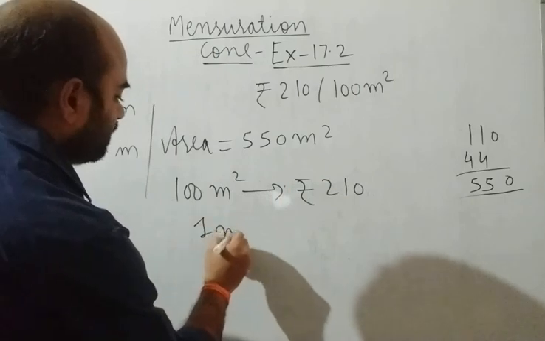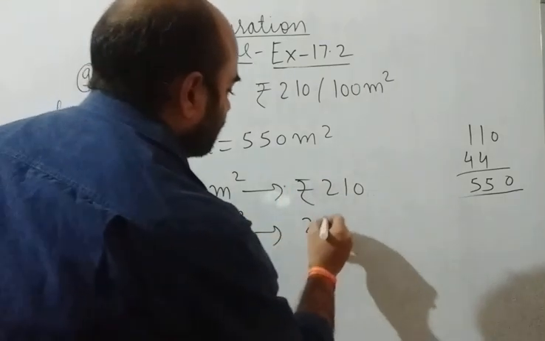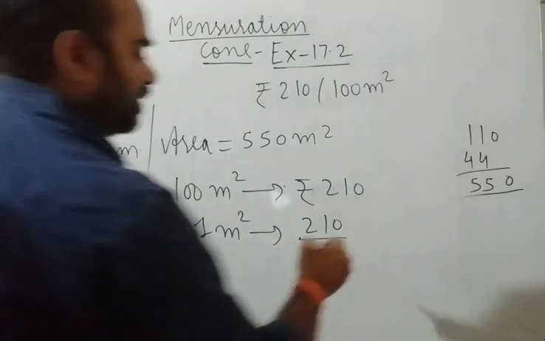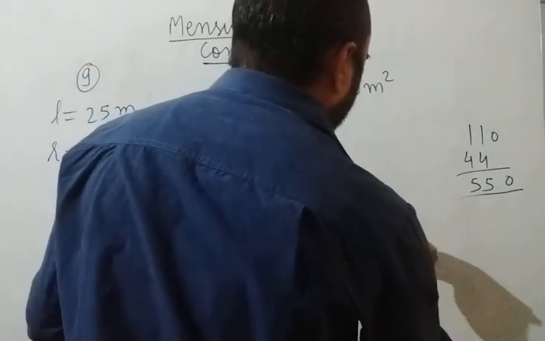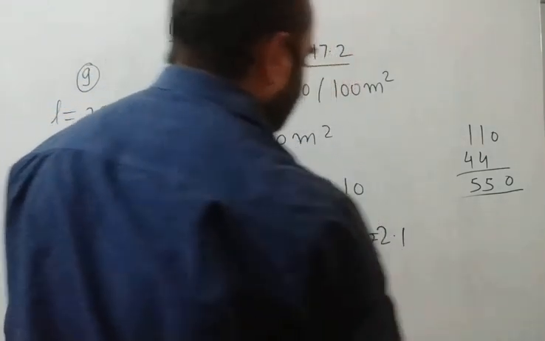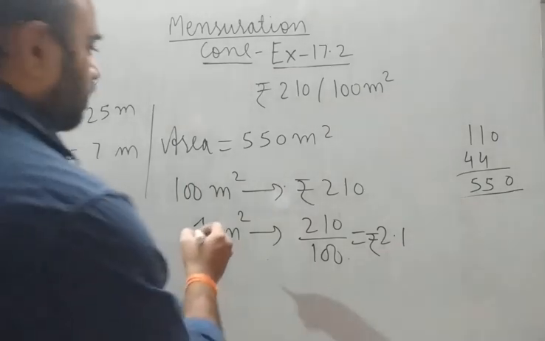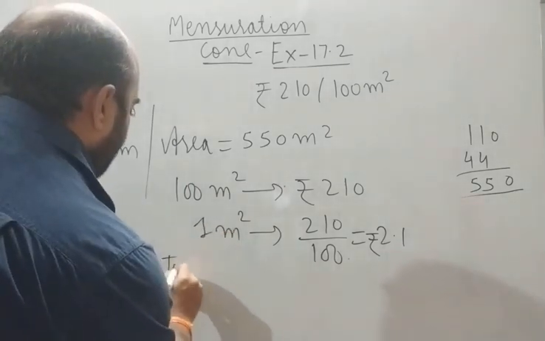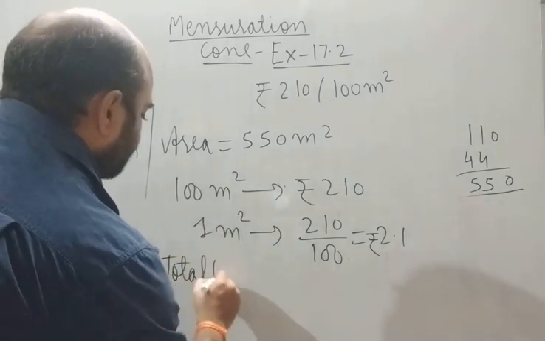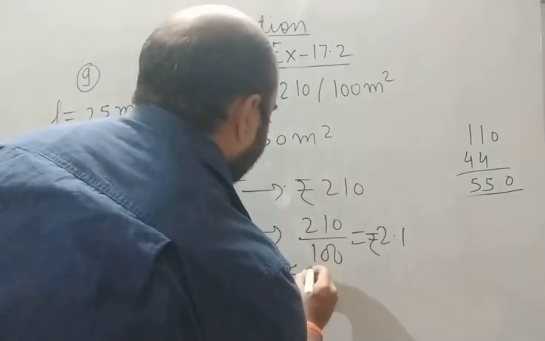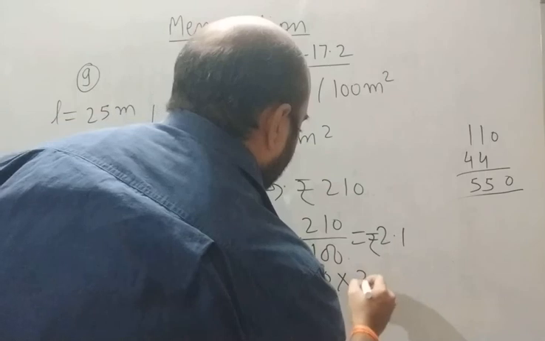So for 1 meter square, cost will be 210 upon 100, that is 2.1 rupees. So the total cost will be total area 550 into 2.1.